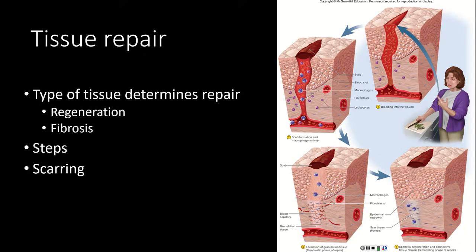And we can see the 4 steps here. So what happens? Well, first, when you get damage, there's going to be some bleeding. Now, maybe that bleeding spills out onto the surface of your skin, or maybe it's internal. It doesn't matter. When there's damage, there's going to be some bleeding. And as that bleeding fills out, it's going to fill in the gaps and start to form a scab.